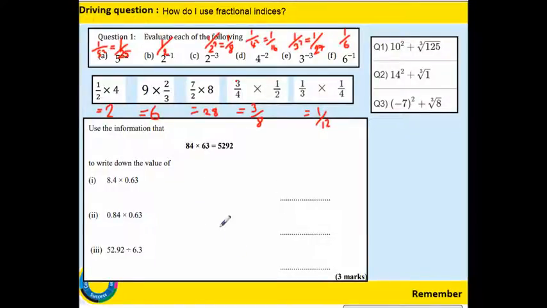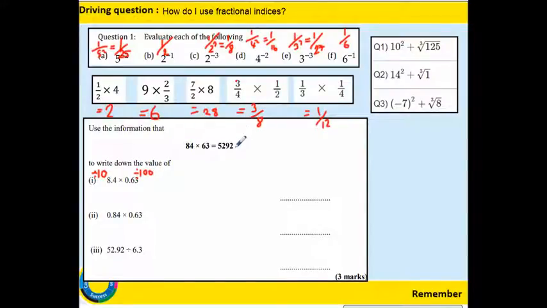And below again, so we're using place value here. We've been given one calculation, 84 multiplied by 63 is 5,292. So 8.4 multiplied by 0.63. Well, this has been divided by 10 to get from 84 to 8.4. This has been divided by 100 to get from 63 to 0.63.